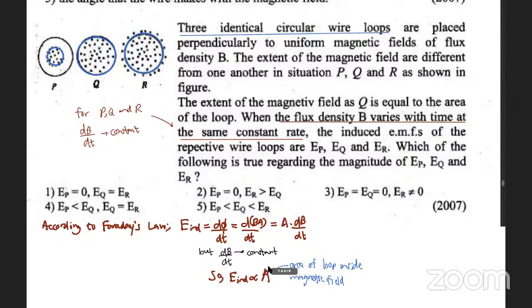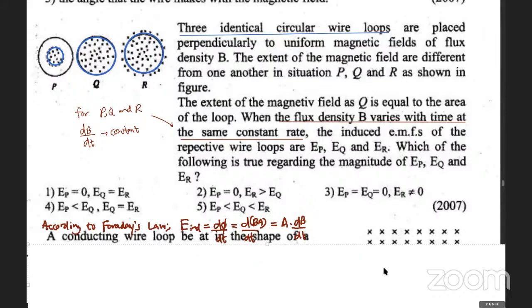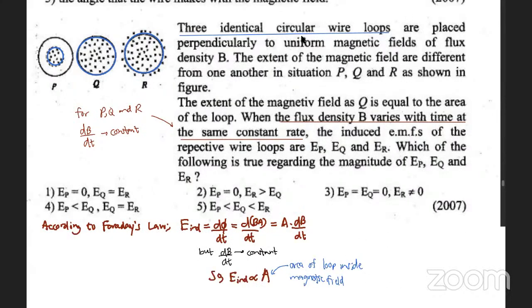So this A, according to the definition, should be either less than or equal to the area of the circular loop. Do you understand? Because the loop should intersect the area we are considering.